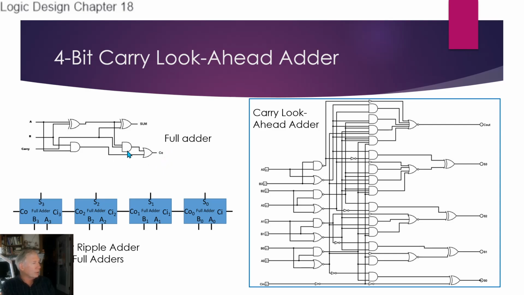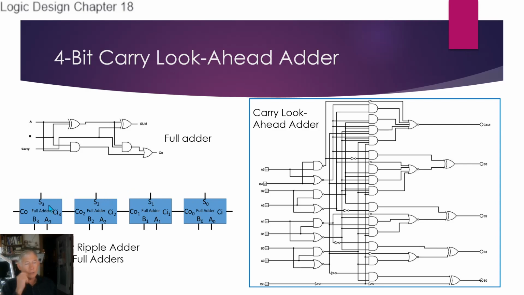Fortunately, there's no case where we have 3 gates. But still, that means that every one of these adders adds 2 levels of gates, 2 layers of gates, before the carry out is good. So you have 2 gates here, 2 gates here, 2 gates here, 2 gates here.